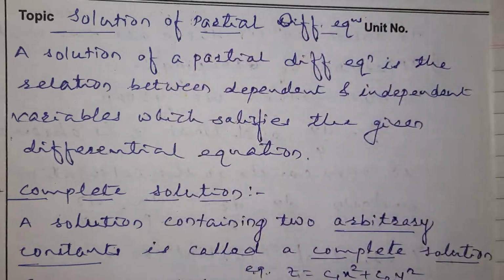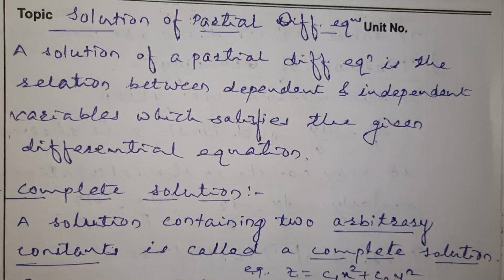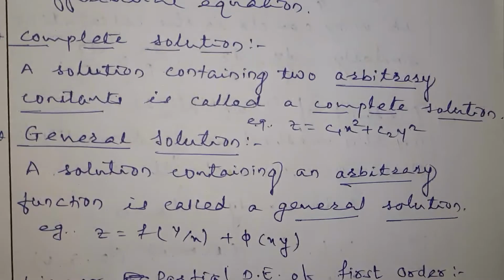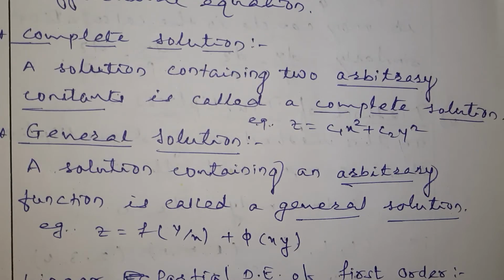Understood? So there are two types of solutions for a partial differential equation. The first one is the complete solution. Complete solution means a solution obtained by eliminating arbitrary constants. The solution that contains arbitrary constants is called the complete solution.